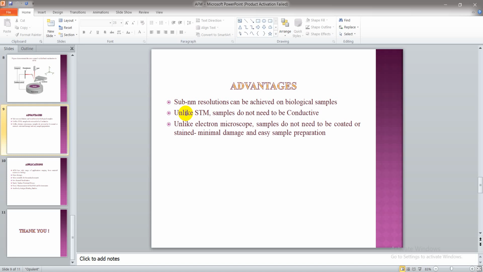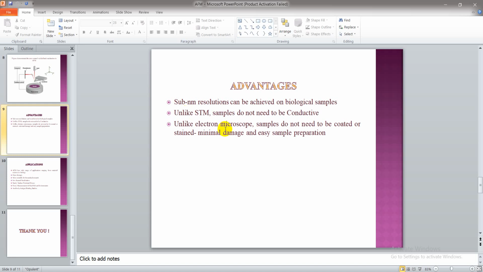So in AFM it is not required. And we have two electron microscopy techniques: one is transmission electron microscopy, and one more is scanning electron microscopy. So that we analyze after this particular technique.